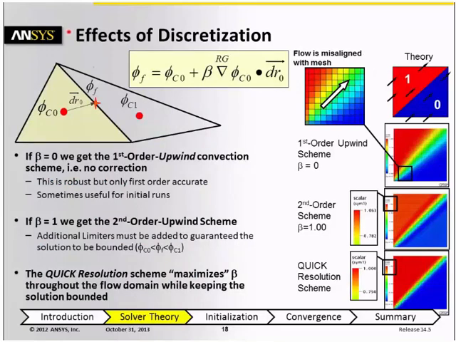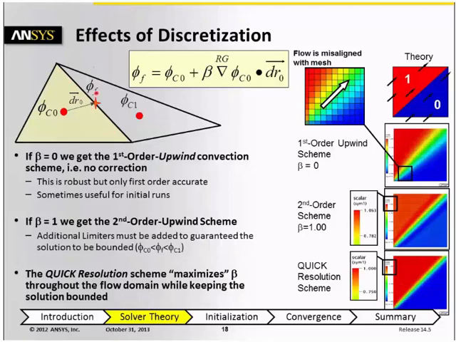In practical terms, the effect of higher order discretization is that the numerical solution is less diffusive, and that's what we illustrate on this slide. Remember, the situation is like we were just talking about, where the solution is being computed at cell centroids, but the computation of convective fluxes requires solution variables at the face.